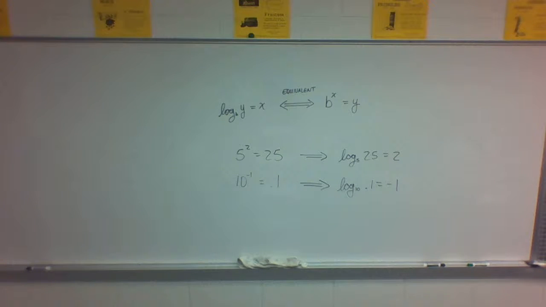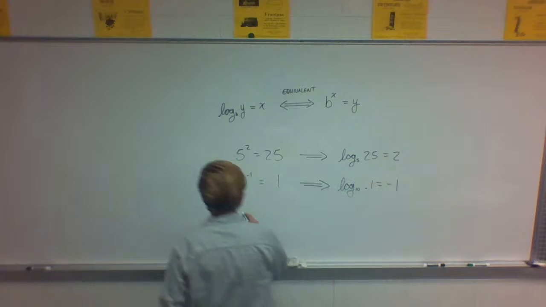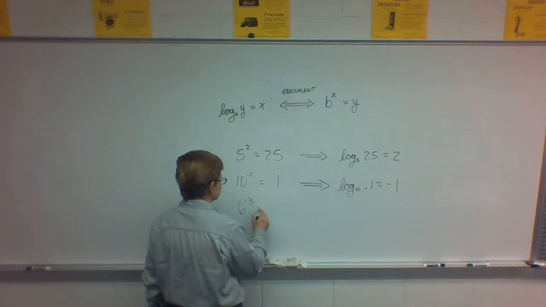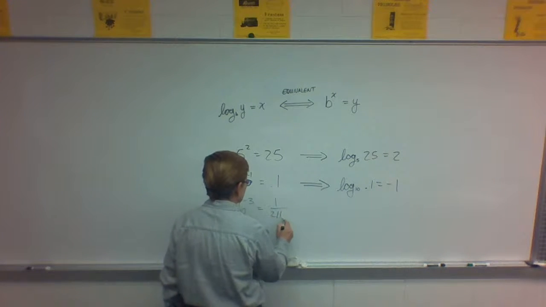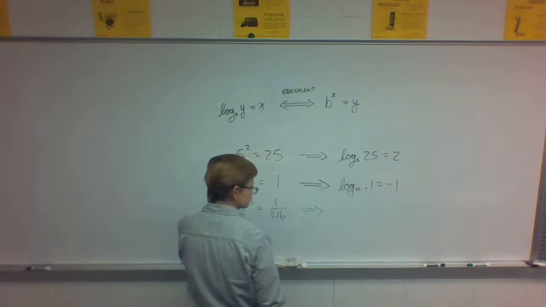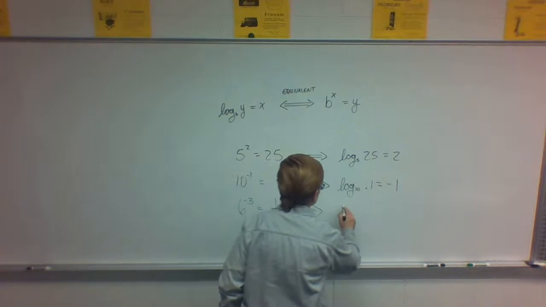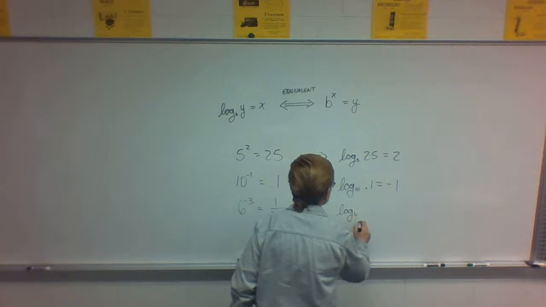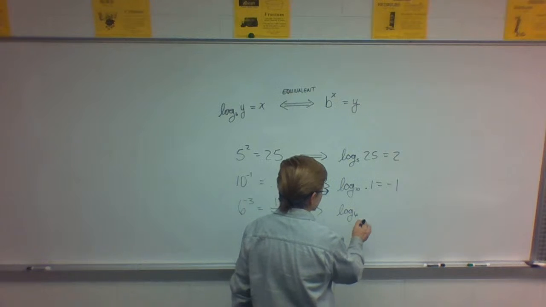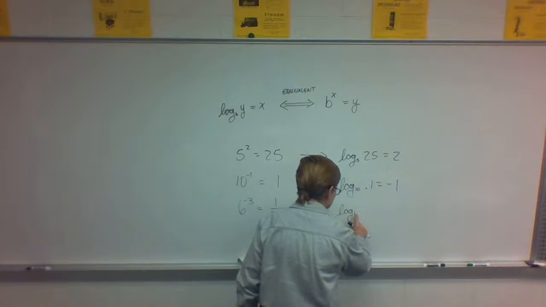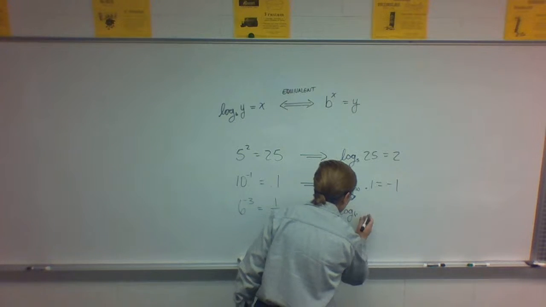And the last one, I'm going to write this one down. 6 to the -3 equals 1 over 216. Let's convert that to a log first. Good. That's a good way to start. Log base 6, and don't just say log 6. It's not the log of 6. It's the log base 6, and that's different than logging 6.